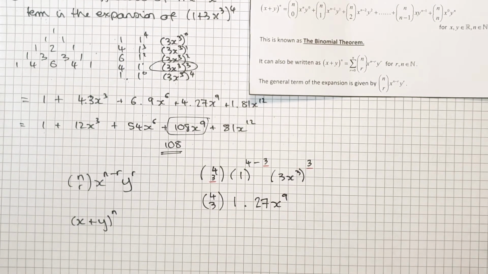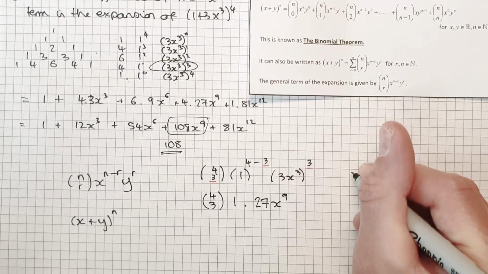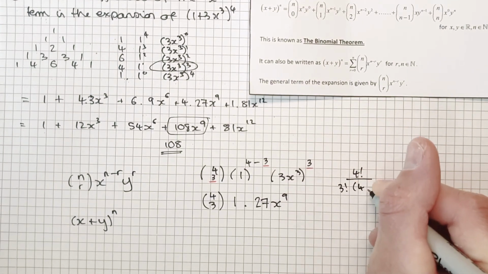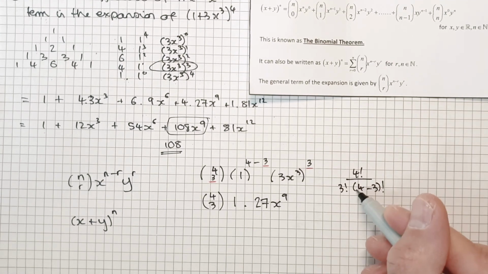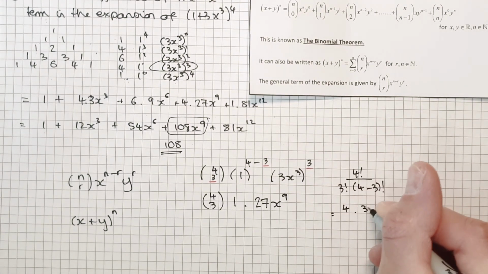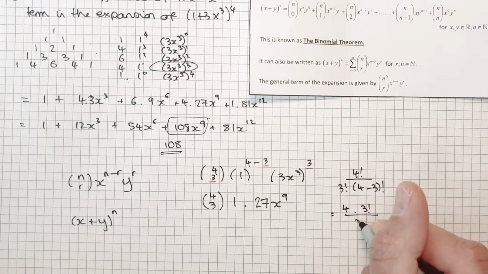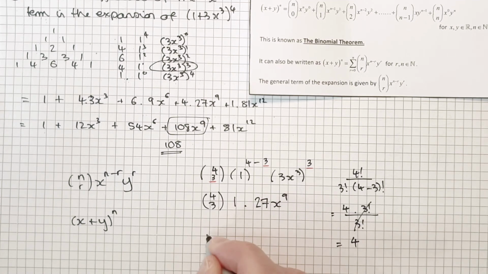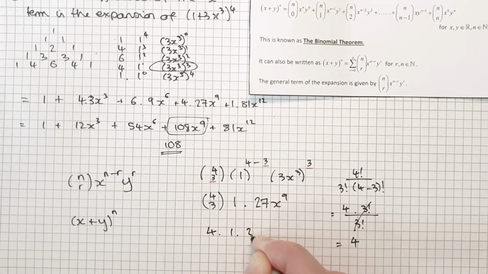So either use your calculator, or we can say 4C3 is going to be 4 factorial over 3 factorial, 4 minus 3 factorial. Well, this bit here is just 1, so that's not going to do much for us. 4 factorial is 4 times 3 factorial. 3 factorial cancels out, and we just get 4. So it's 4 times 1 times 27 x to the 9. So that all multiplies to give us 108 x to the power of 9.